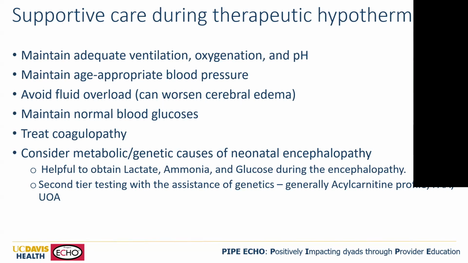But then second tier testing: talking to genetics, and getting things like acylcarnitine profile, plasma amino acids, urine organic acids, just not forgetting that every baby isn't a hypoxic ischemic encephalopathy birth trauma kind of thing. Does that make sense to people?